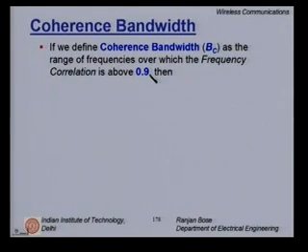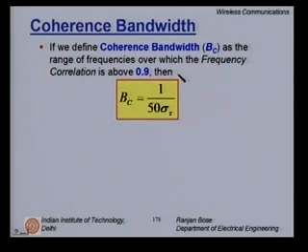This is one of the two popular definitions. If we define it so, then B subscript C comes out to be 1 over 50 sigma subscript tau. Sigma tau, if you recall, can be calculated directly from the power delay profile.